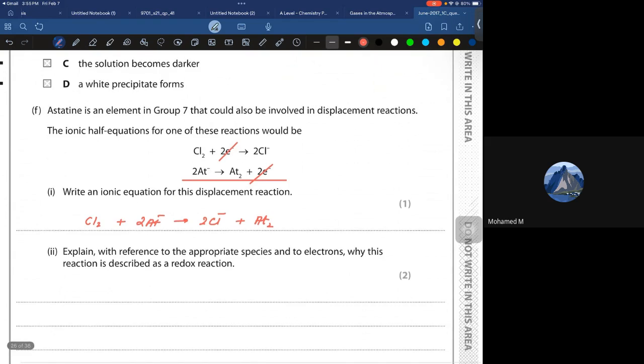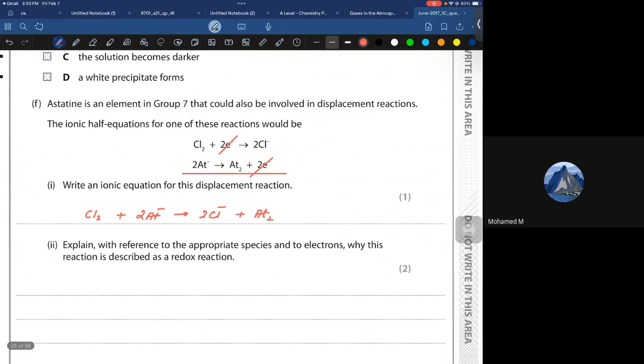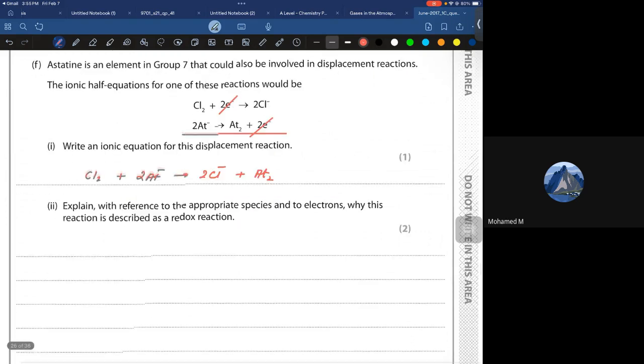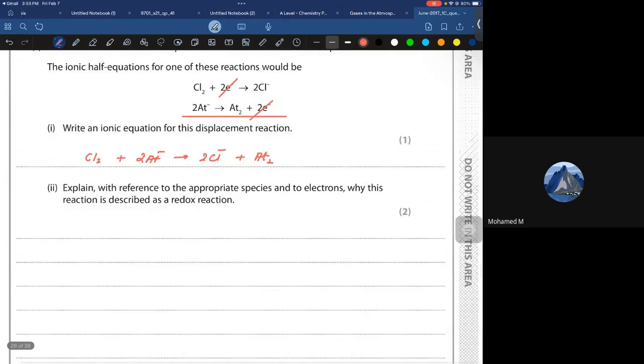Explain with reference to the appropriate species and to electrons why this reaction is described as a redox reaction. Because there is a loss of electrons and a gain of electrons, meaning that a redox reaction is taking place.